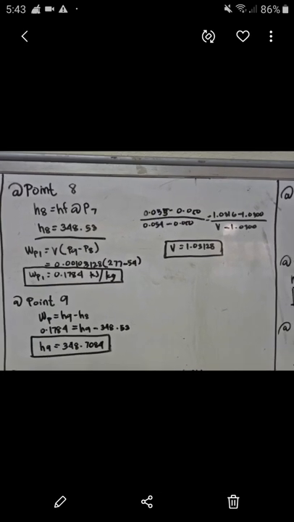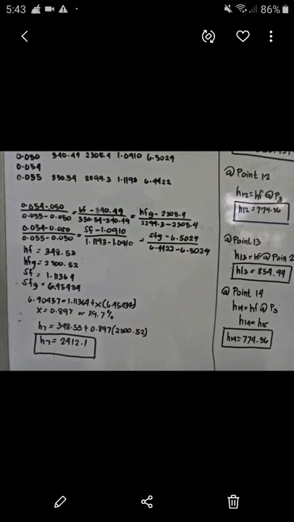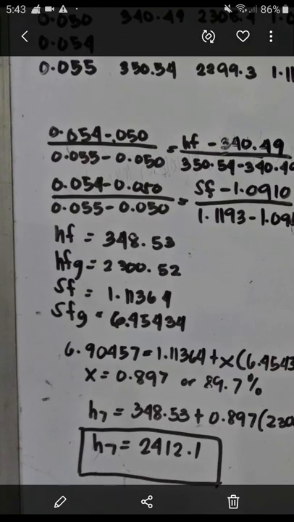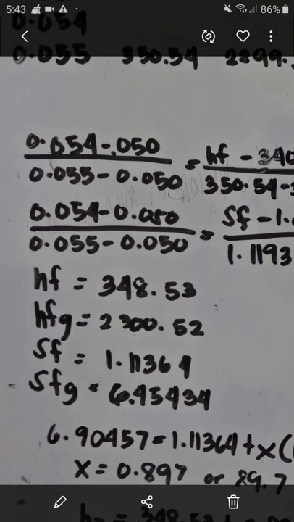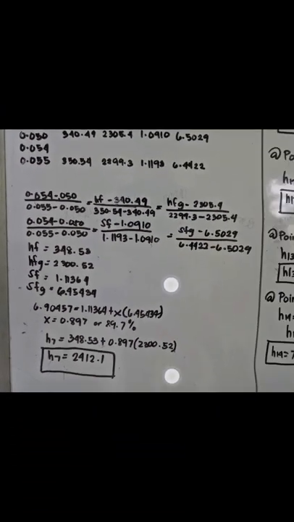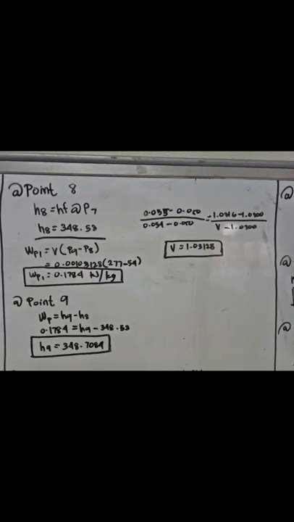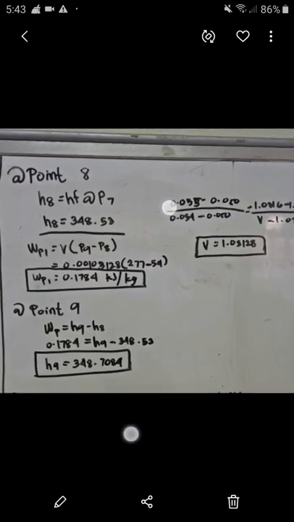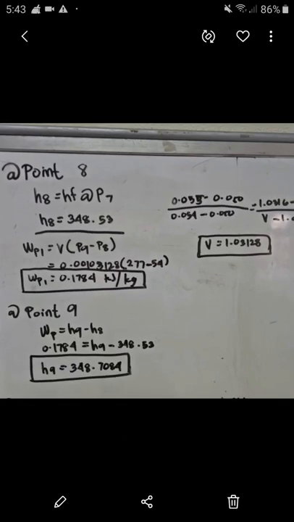H8 is equal to HF at pressure 7, so we have 348.53.